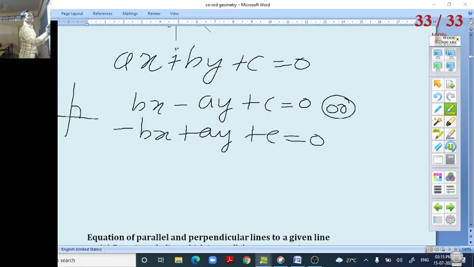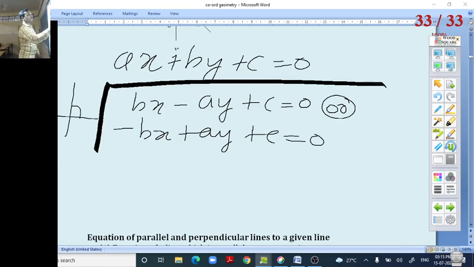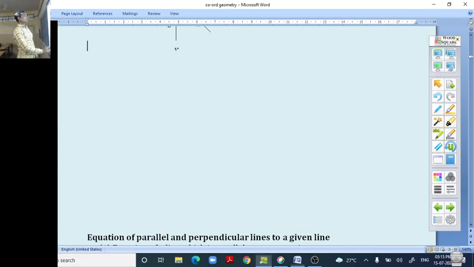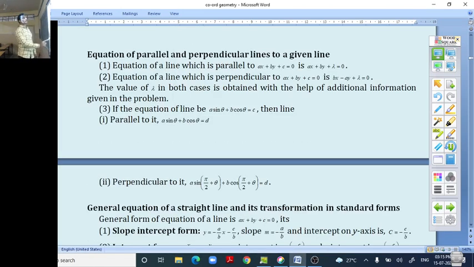Note down this, it's a very important point. So any line which is perpendicular to the given line ax plus by plus c equals 0 is either bx minus ay plus c equals 0 or minus bx plus ay plus c equals 0. Note down this.